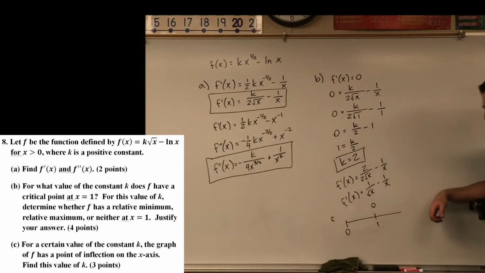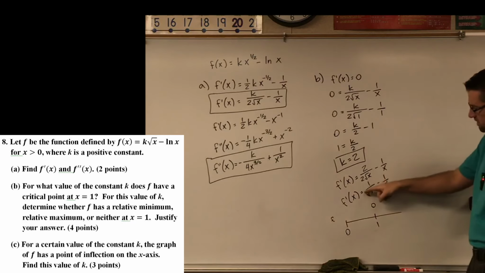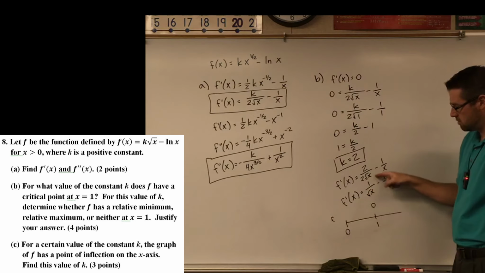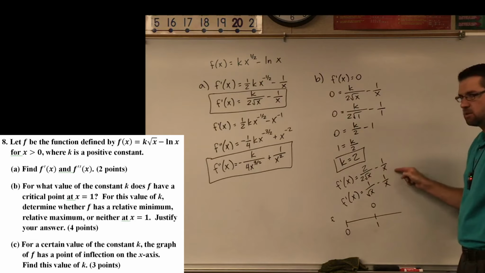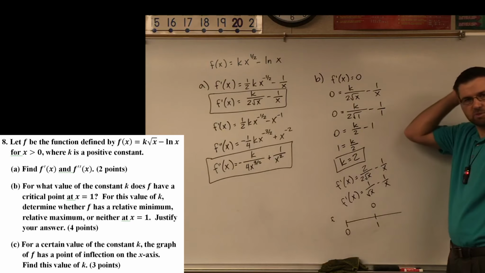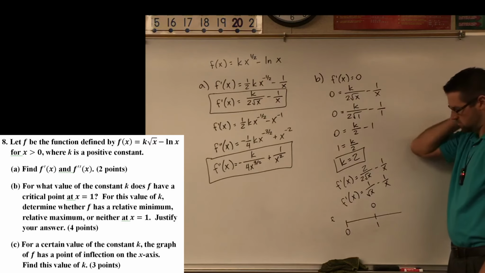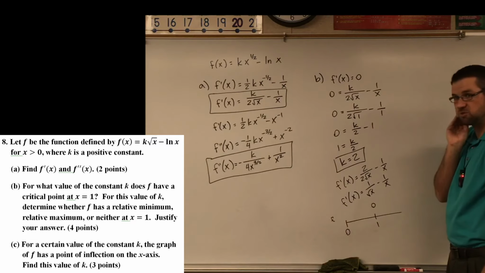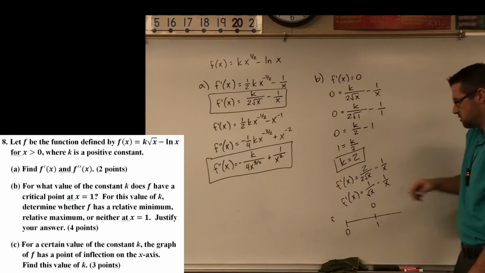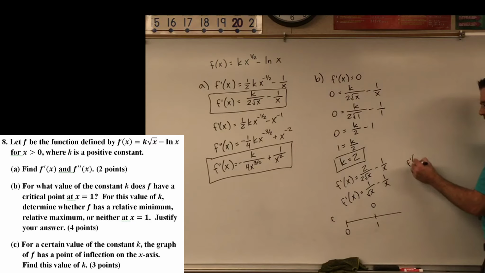So pick a number. 1/2. This is going to be positive, this is going to be negative. But what's a positive minus a negative? Depends which one's bigger. So let's just figure it out. F prime of 1/2 equals 1 over, I don't like 1/2, because I don't know the square root of 1/2.